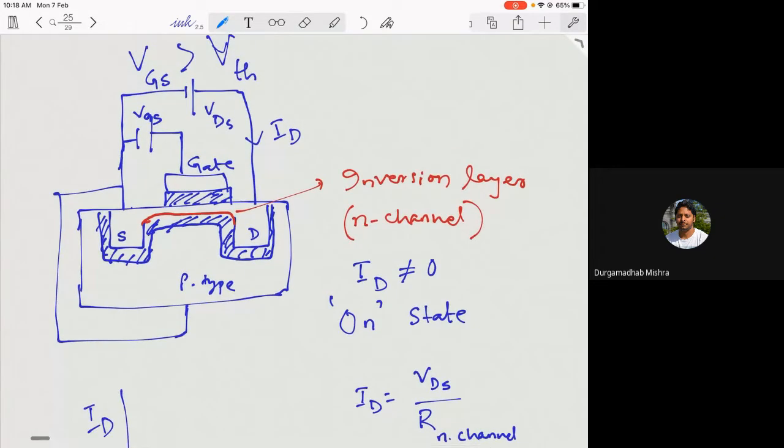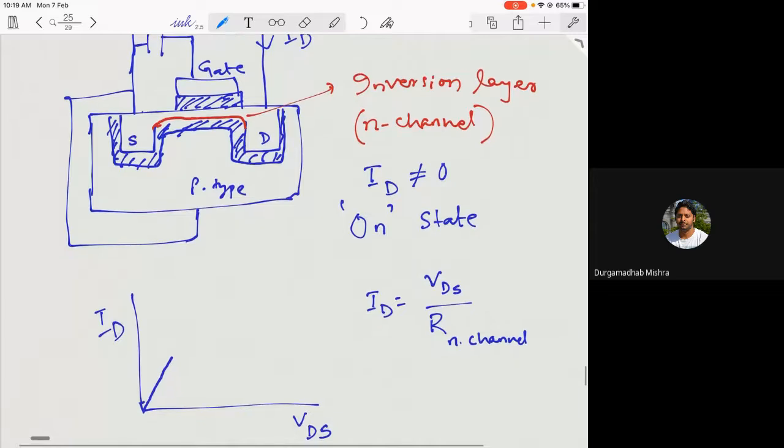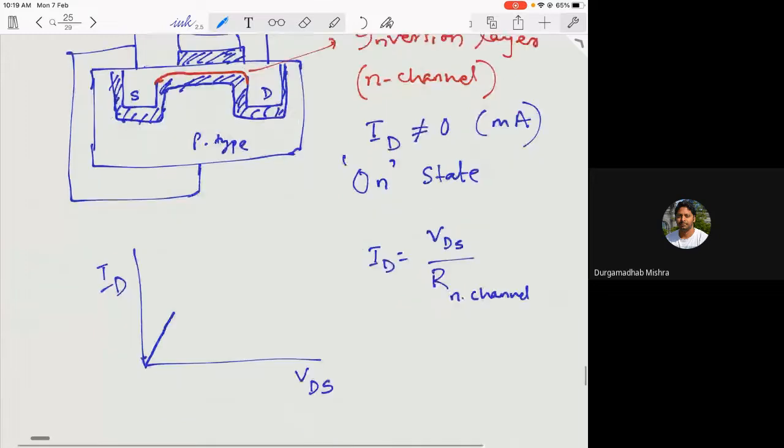That means we have opened up a channel and we have some drain current. Typically this drain current will be in the milliamp range, and all the voltages we are talking about are a few volts, maybe 3-4 volts, or 5 volts, or 10 volts.